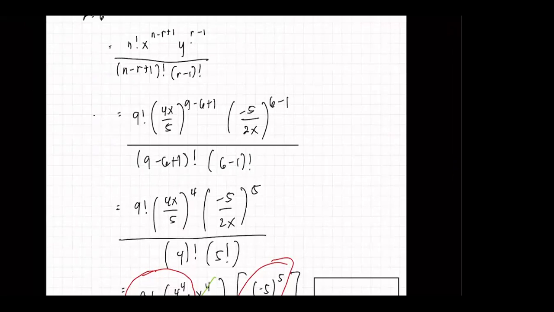Kung MDAS ang susundin, 9 minus 6, kung 6 plus 1 muna, ang tinatanong mo. Hindi, it should be negative 6 plus 1. So, magiging siyang negative 5. 9 minus 5 is 4. Okay? Kaya hindi ito yung exponent.